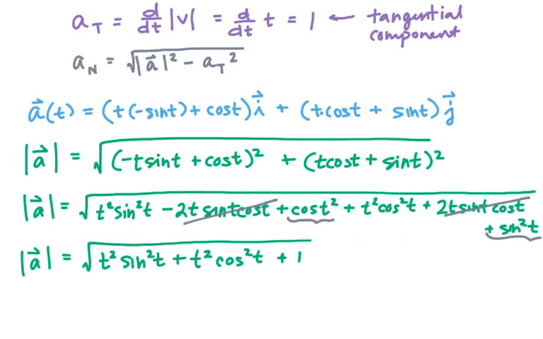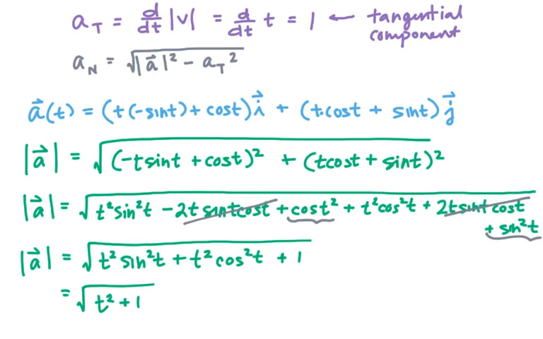And of course, we should be able to see that if we factor this out of these two, we're just going to have t squared times sine squared plus cosine squared, which is just 1. So we've got the square root of t squared plus 1. And that represents the magnitude of my acceleration.